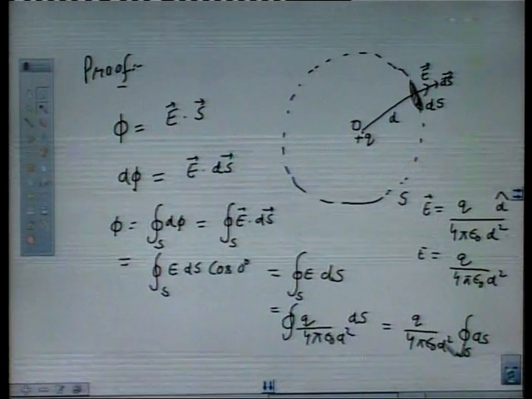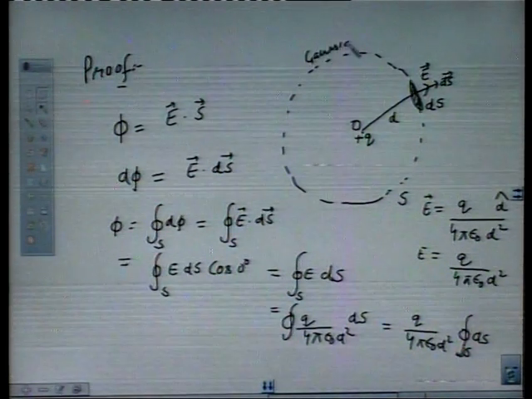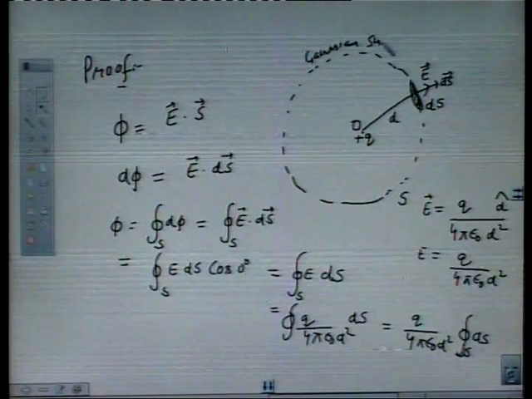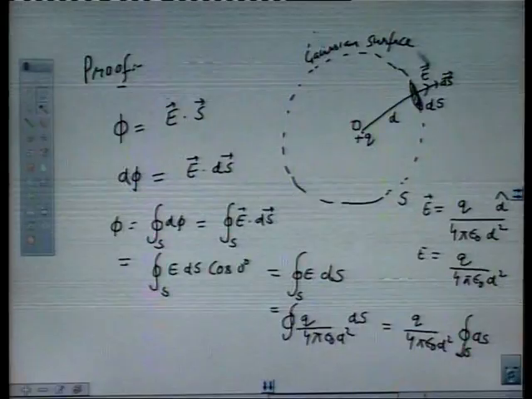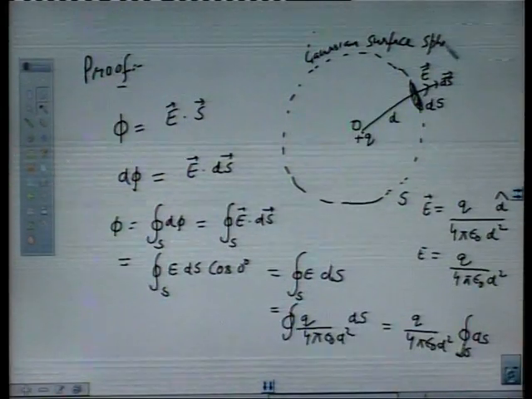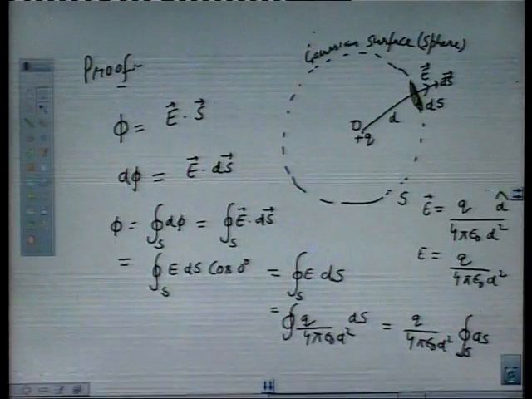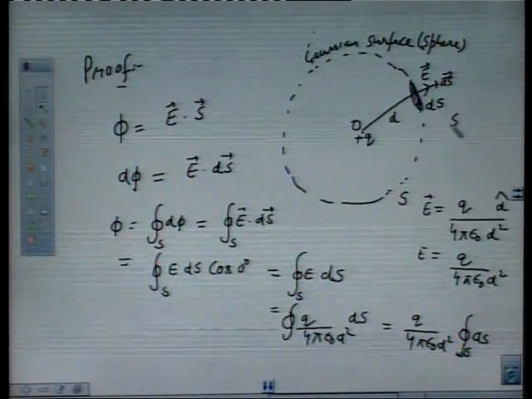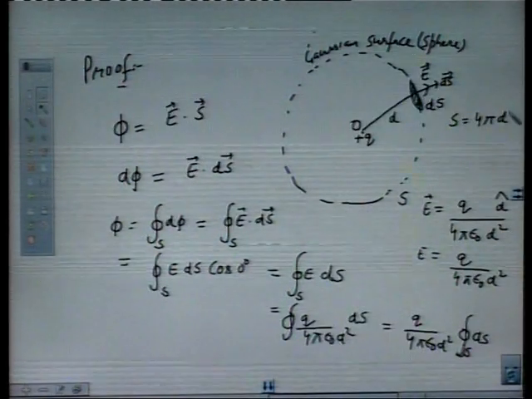Now, we have considered this as a Gaussian surface. This Gaussian surface is a sphere. Its radius is d, so its surface area S is equal to 4 pi d square.